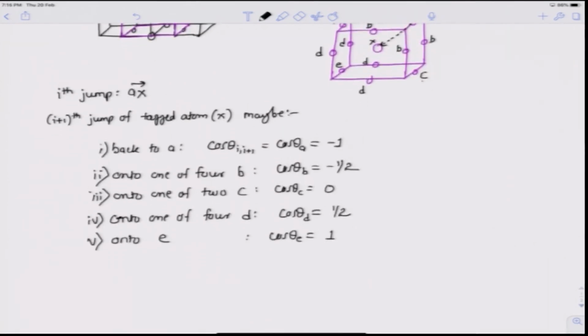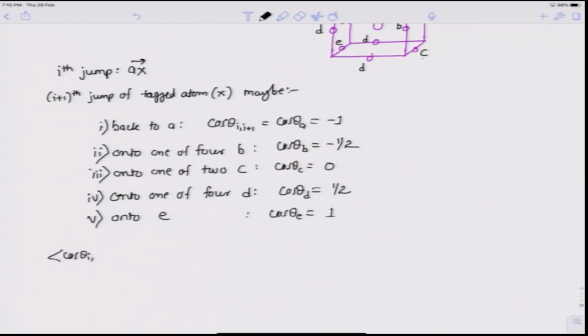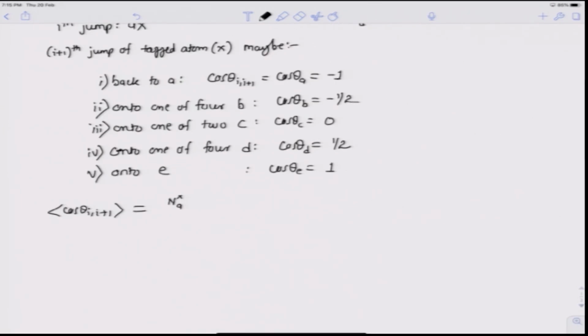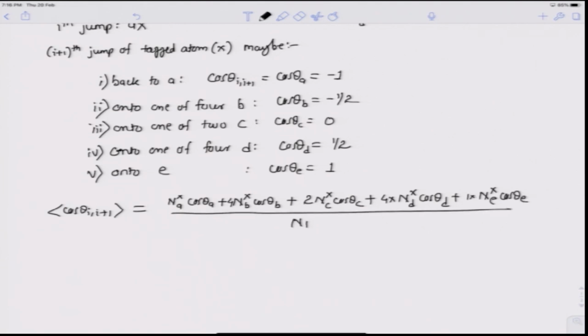So, if we want to evaluate the average of cos theta i plus 1, we can write it as number of x atoms that make a jump onto A times cos theta A, plus number of x atoms that make jump onto site B times cos theta B, and there are 4 such sites, so we have to multiply by 4, plus number of x atoms which make jump onto site C times cos theta C, and there are 2 such sites of type C, plus number of x atoms which make their i plus first jump to a site of type D times cos theta D, and there are 4 sites of type D, plus n x E cos theta E, and there is only one site of type E, divided by the total number of atoms.